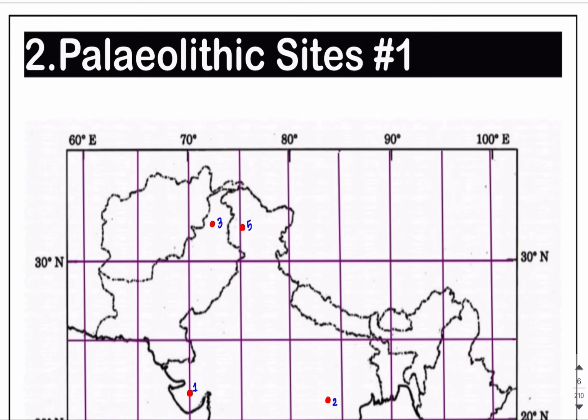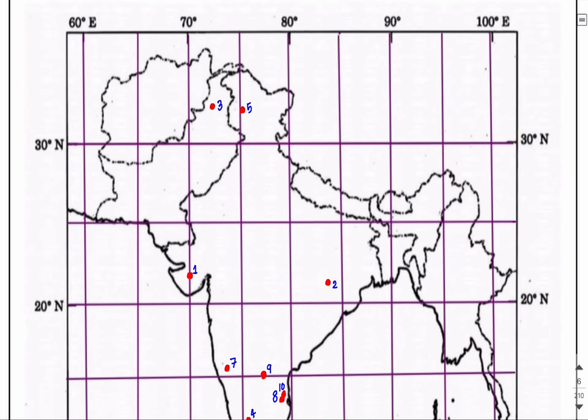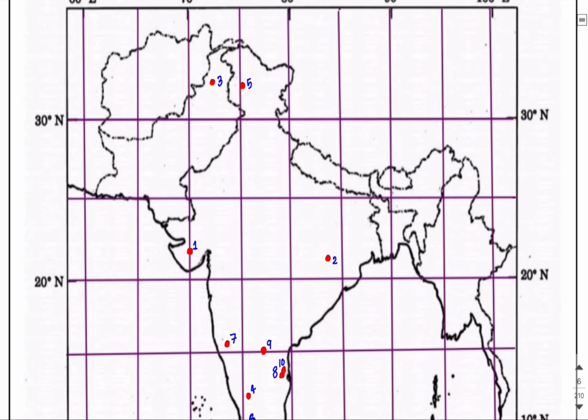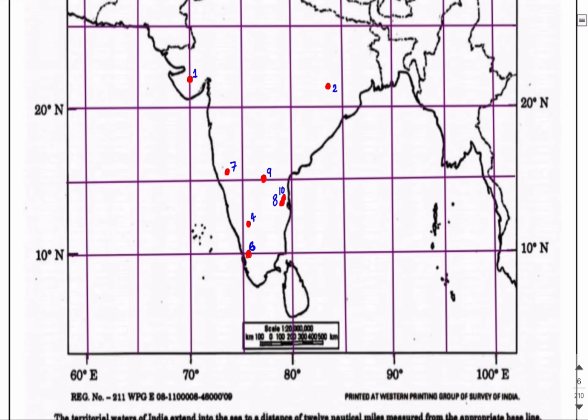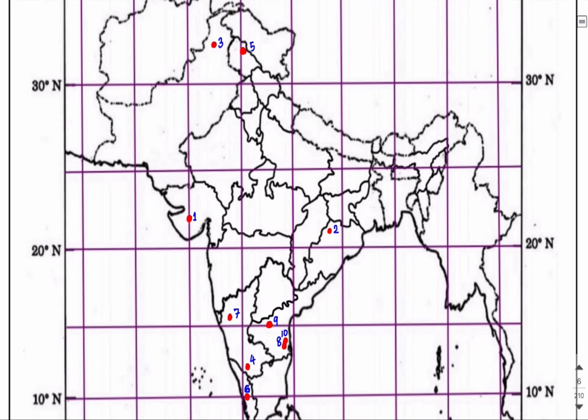Now let's move on to the first site of the Paleolithic. Here you can see it is Gujarat. The first site is in Gujarat. This is a Paleolithic site, so you have to name it. For your convenience, we have given you 2 maps, like borders of the states, so that you can easily identify which sites are present in which states.